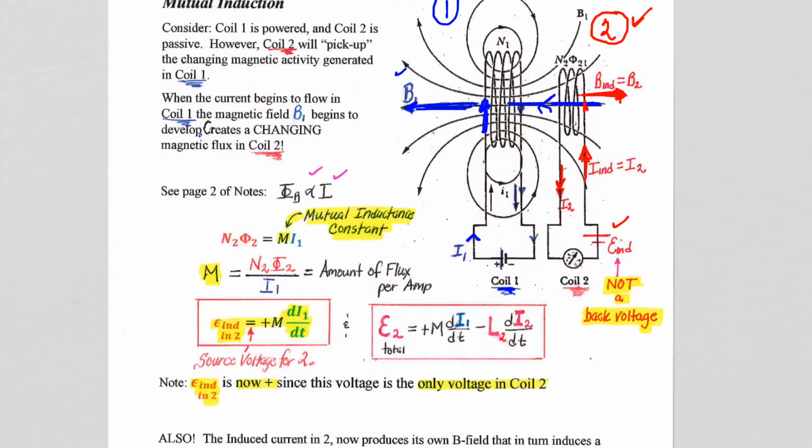Now, the magnetic flux in coil 2 comes from the blue B field, so it's actually current 1 that is generating the flux in coil 2. When we did self-inductance with one coil, that proportionality became an equality by putting in our proportionality constant.